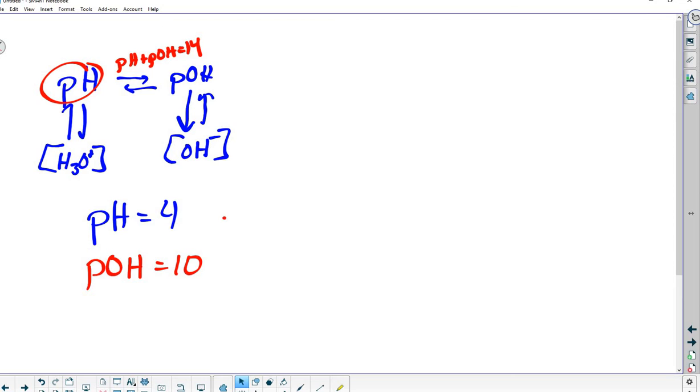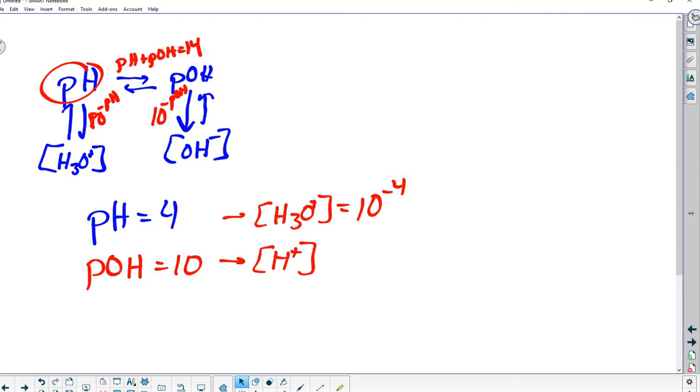Then from these two, I can quickly find the others, because coming down, I go 10 to the minus pOH and 10 to the minus pH. The concentration of hydroxide is down here. Concentration of hydronium would be 10 to the minus 4, and concentration of hydroxide would be 10 to the minus 10.